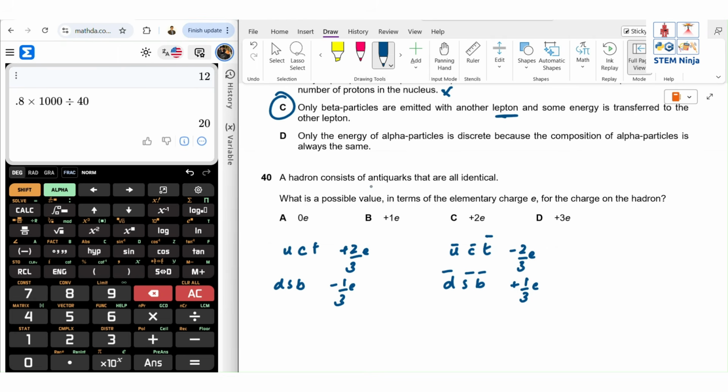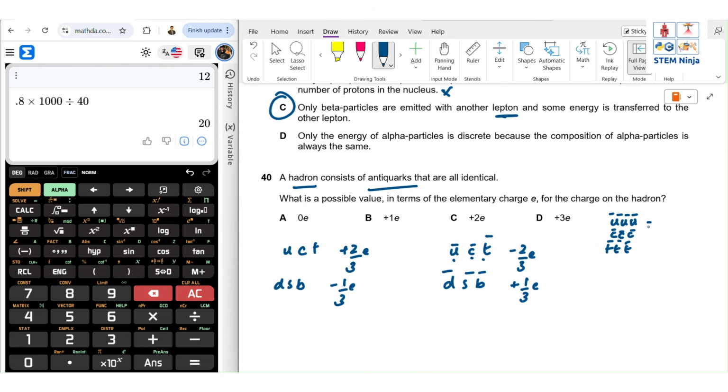We're talking about the hadron, so if we have up, charm, top, either one of them, you see they're all identical.